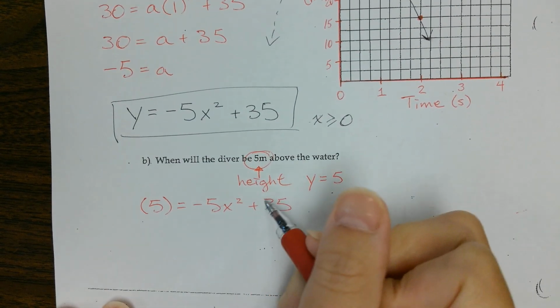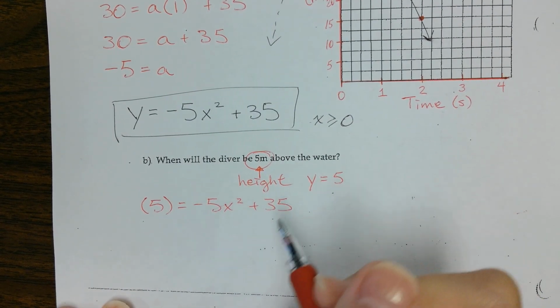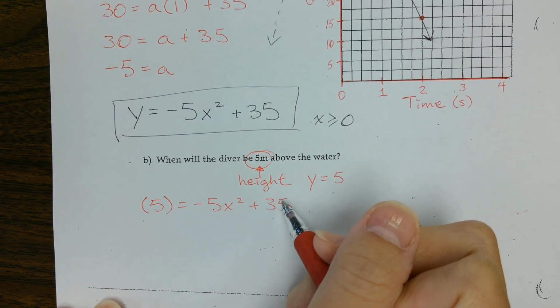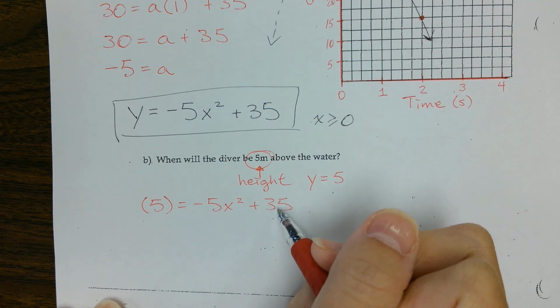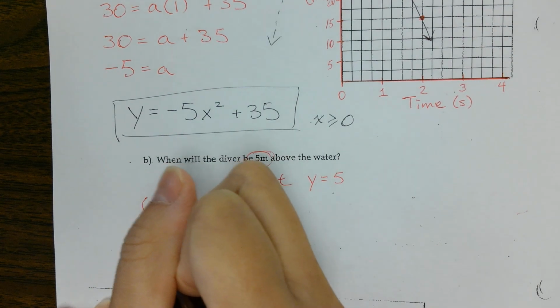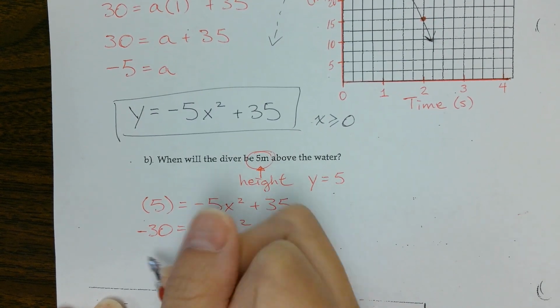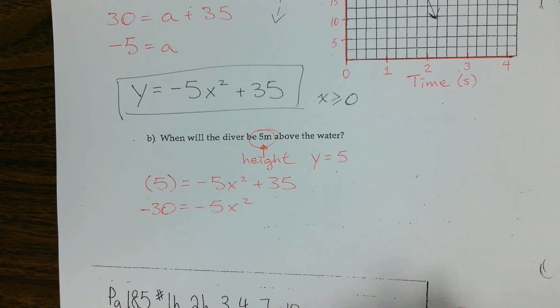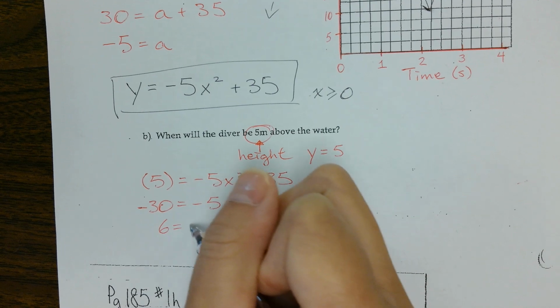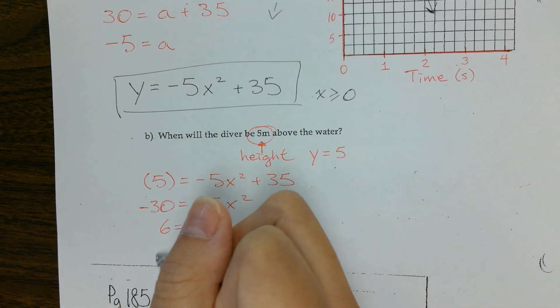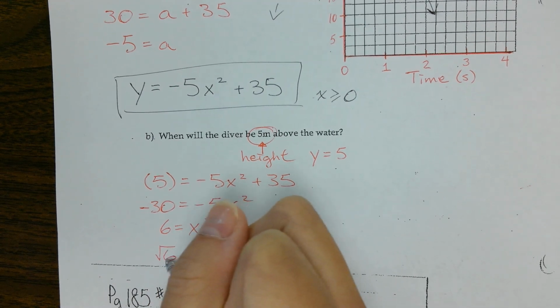Okay. So solve for x. We did that in the last chapter. So solving for this, move this over. So 5 minus 35 gives us negative 30. Divide that by negative 5, I get 6. Okay, and then square root. Square root of x.